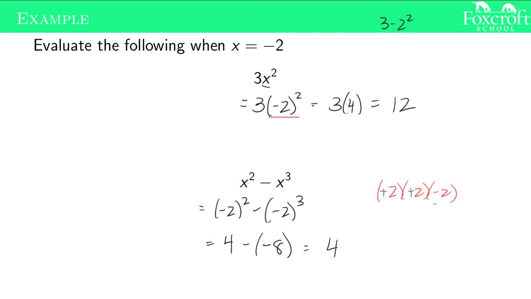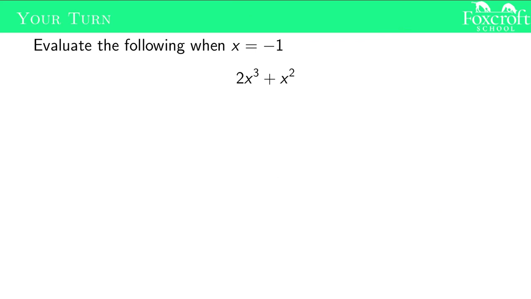Subtracting a negative is the same as adding, and that's 12. So again, just use your parentheses. Don't think it's extra work. Putting parentheses around the things you're plugging in is going to make it more accurate.